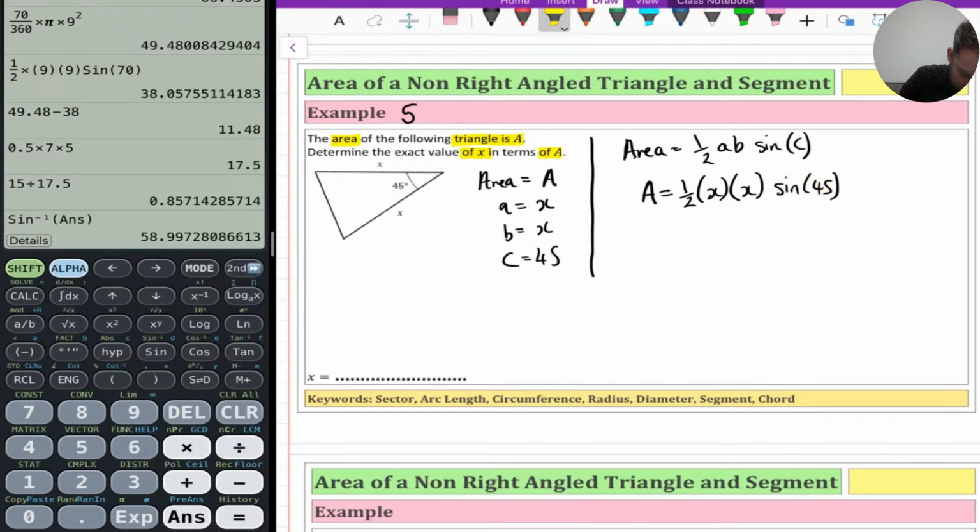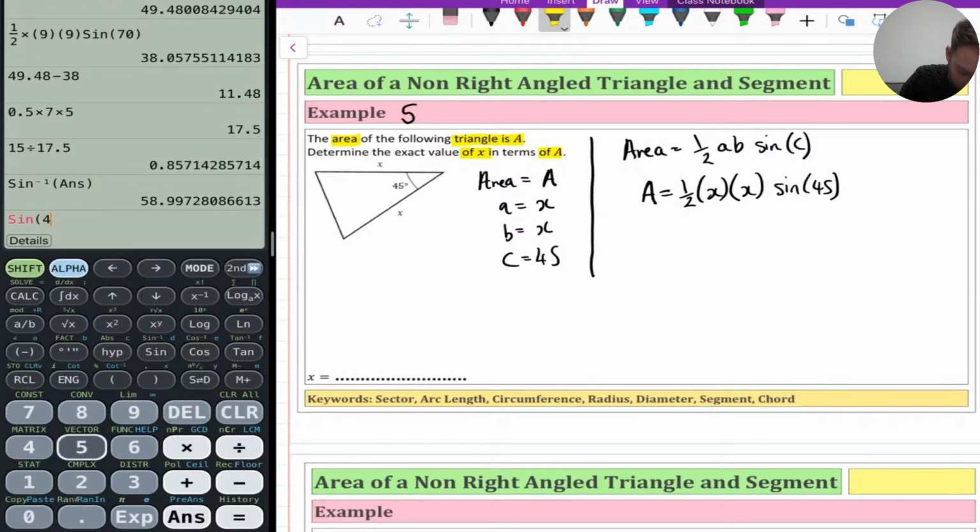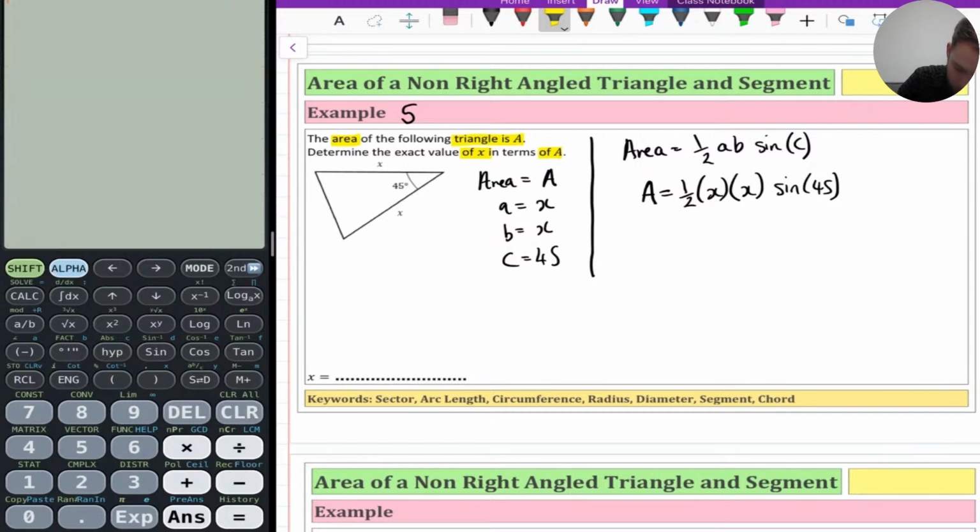So I know that sine of 45. Now, the problem we've got here is we want this as an exact value.